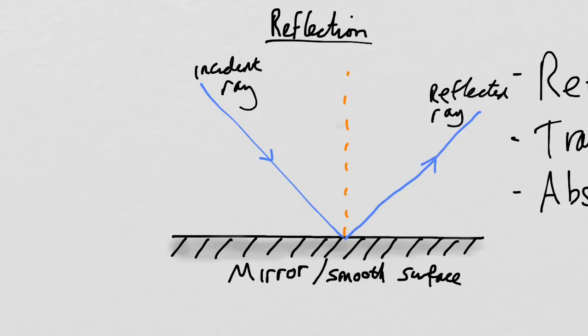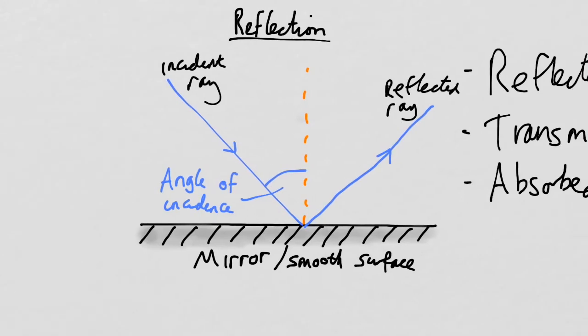There's one very simple rule, and it involves two angles. Firstly, the angle between the incident ray and the normal, which is our angle of incidence, and also the angle between our normal and our reflected ray, which is our angle of reflection, as you might have guessed.